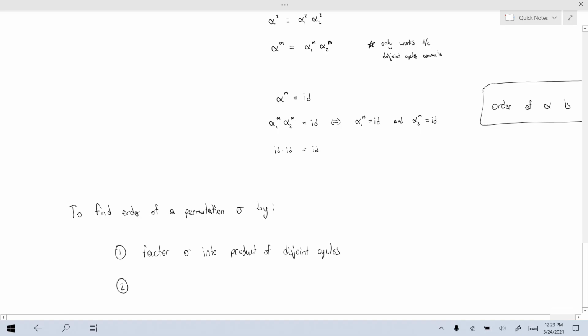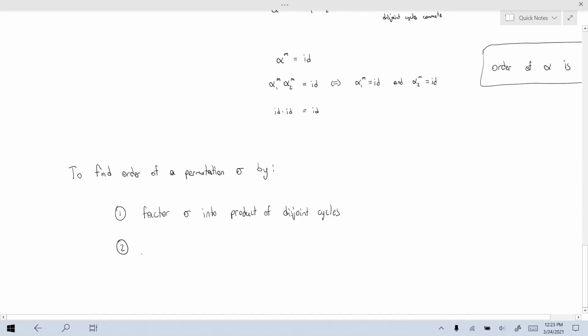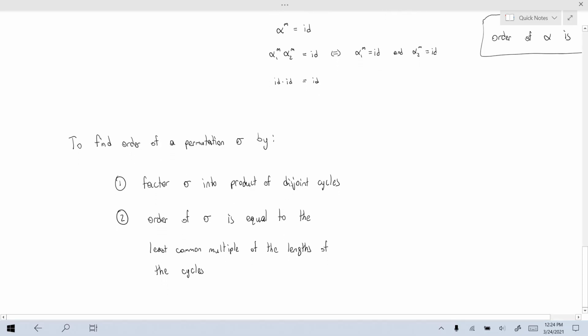Once you have the factorization into a product of disjoint cycles, the order of sigma will be equal to the least common multiple of the lengths of the cycles in the disjoint factorization.